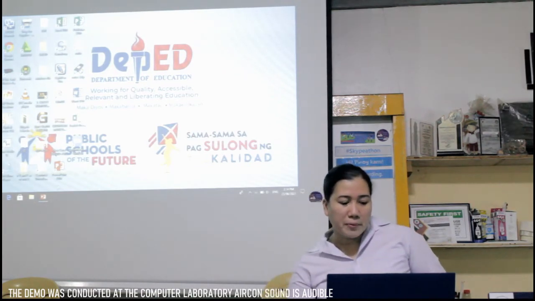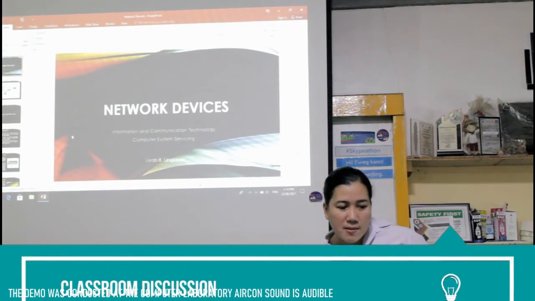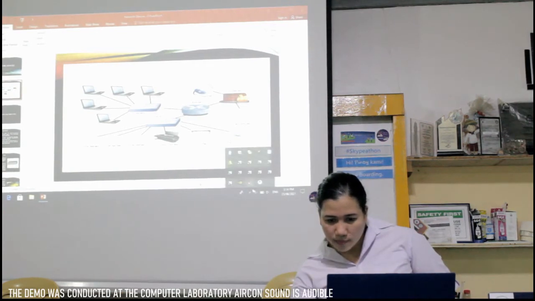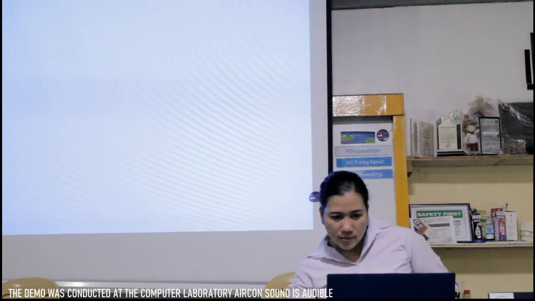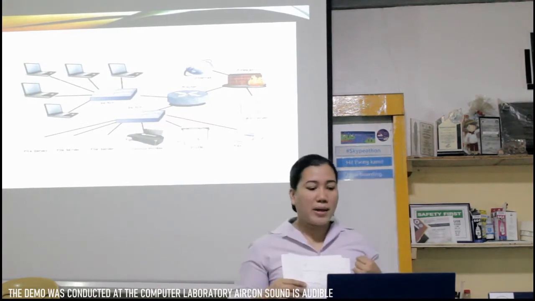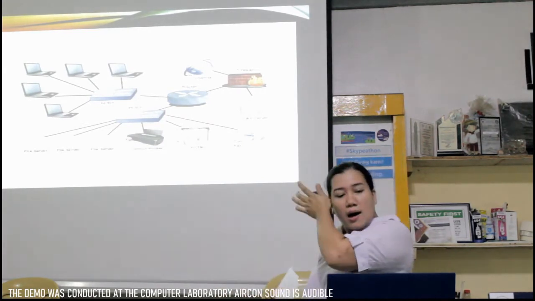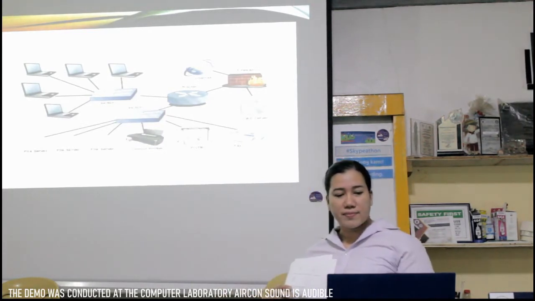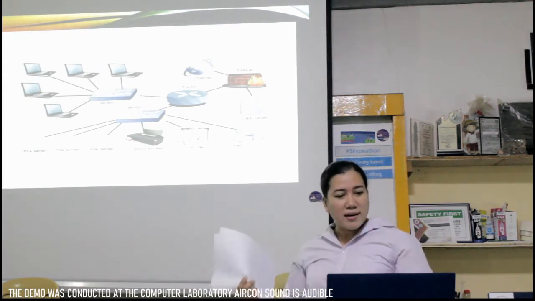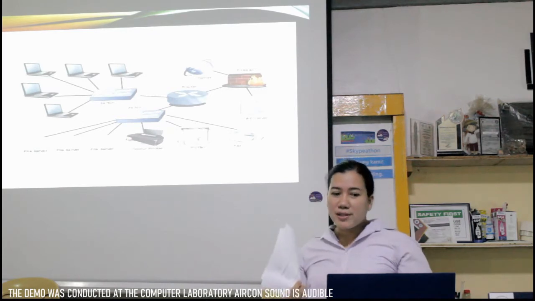Before we start our lesson, I'm going to show you these pictures first. As what have you seen in the slides? What are those objects? They are printers, very good.